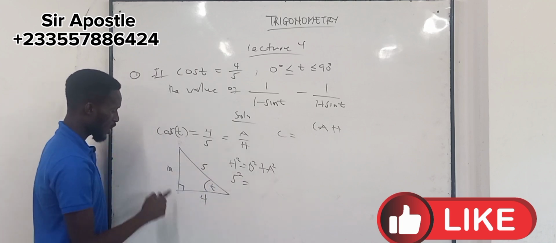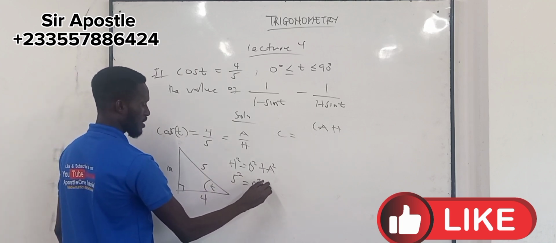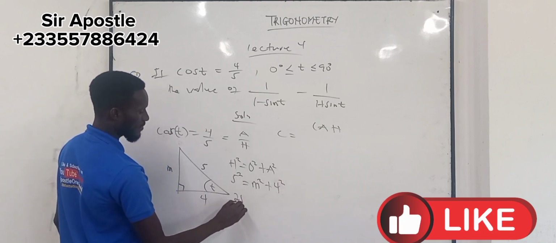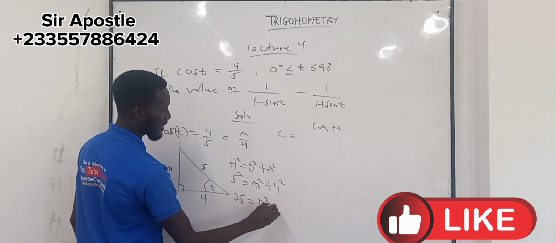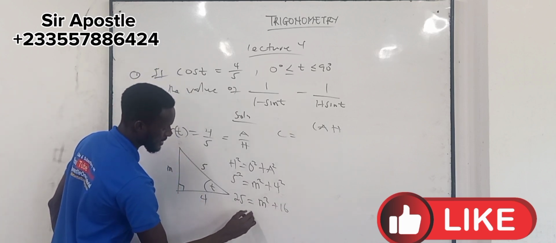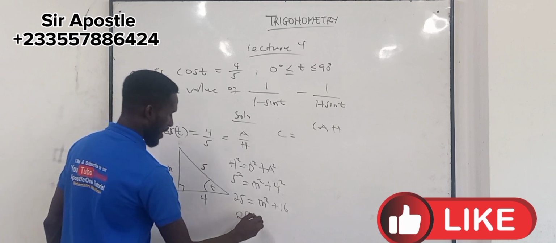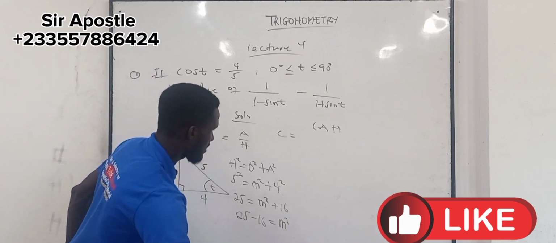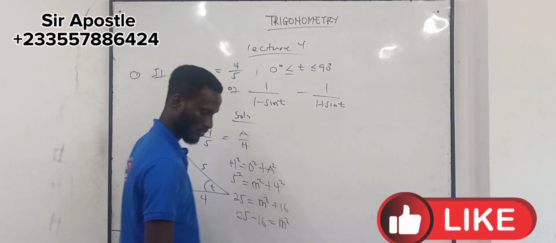So 5 squared is equal to m squared, the opposite, plus the adjacent, which is 4, so 4 squared. Now 5 squared gives us 25, and 4 squared gives us 16. You group like terms nicely. 25 minus 16 is equal to m squared.